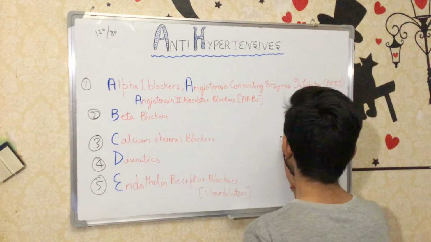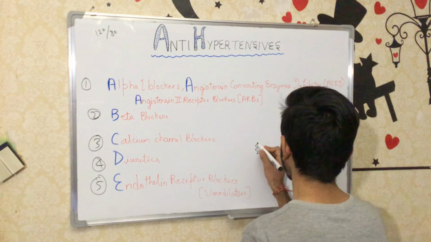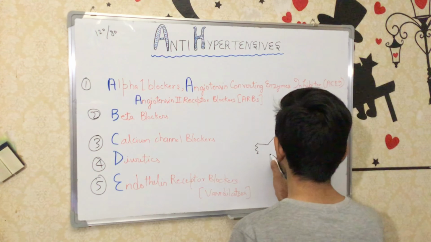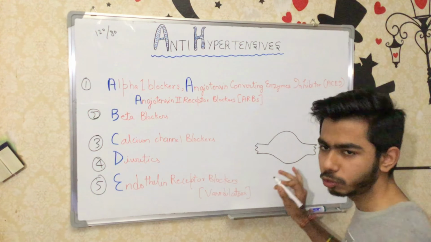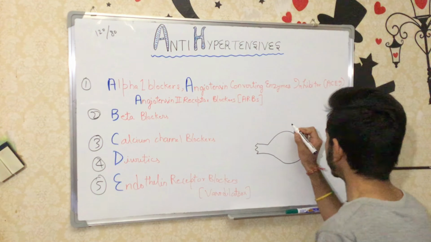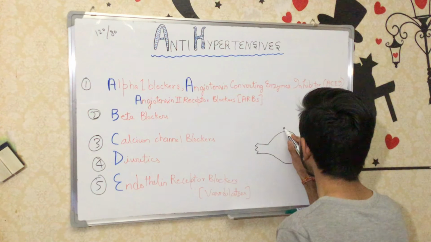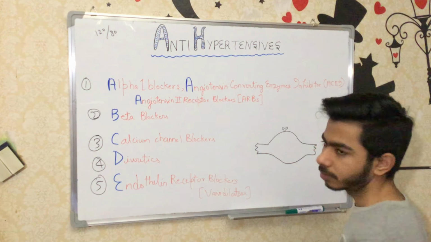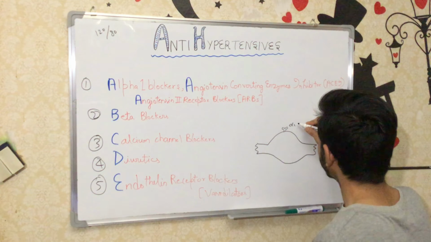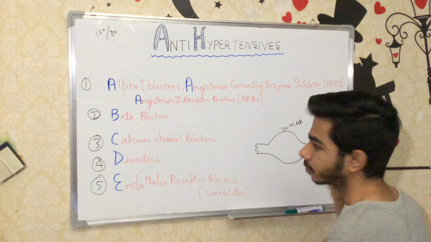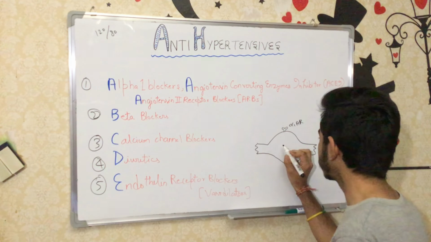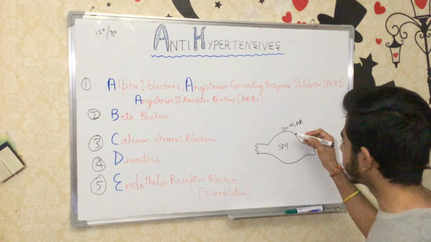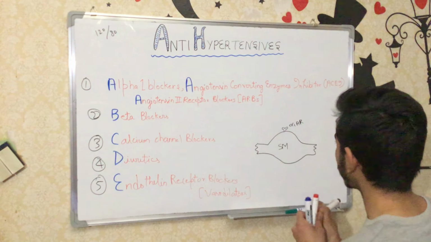For example, this is the smooth muscle cell, and this is the alpha 1 adrenergic receptor on the smooth muscle cell. The alpha 1 adrenergic receptors are present on the top of it.